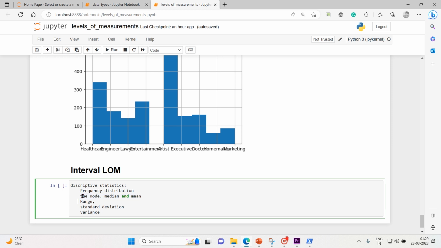Then we have range, standard deviation and variance. These talk about the variability of data, or this is called the measurement of variability. They are all measures of variability within your data set. You can calculate the range by subtracting the lowest value in your data set from the highest.